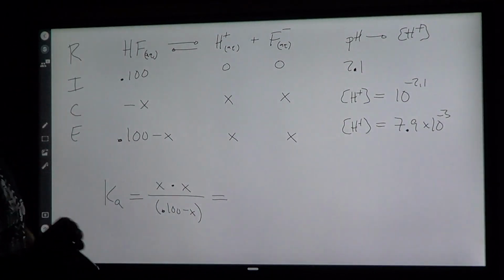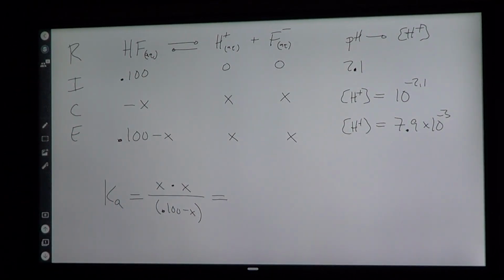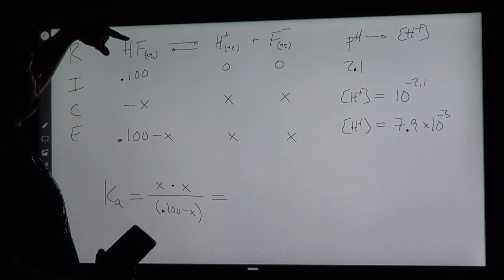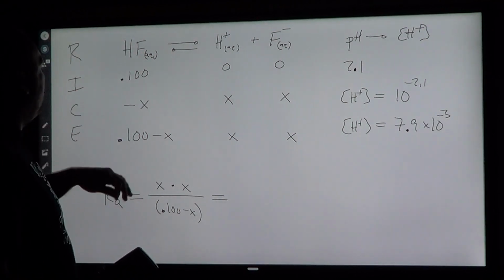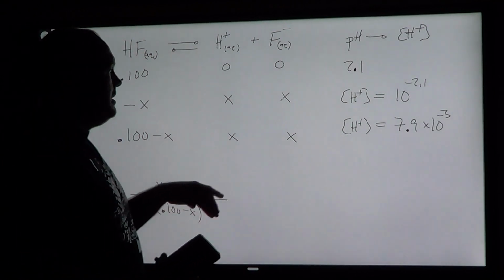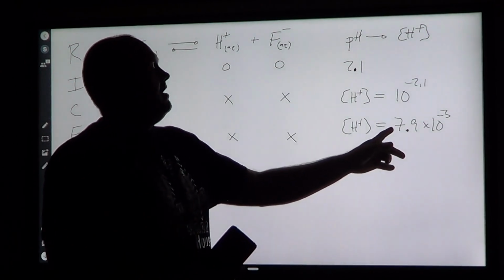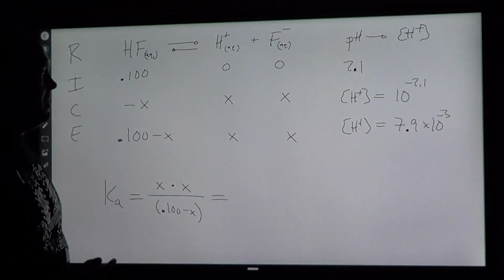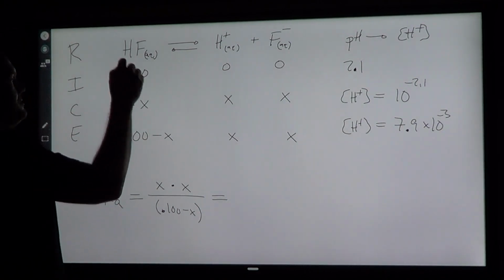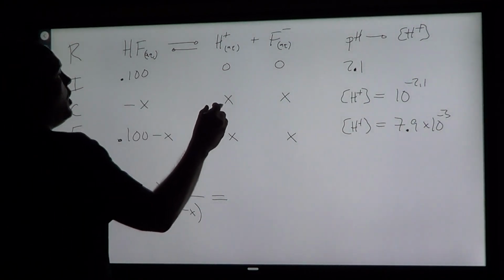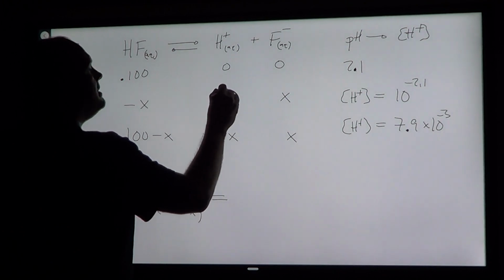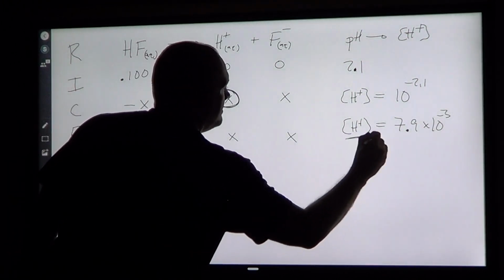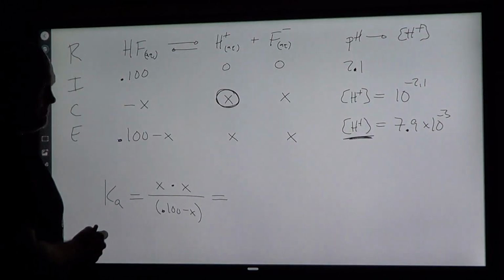And so what that means is, when we mix this solution and we let it sit there and reach equilibrium, it will have a concentration of hydrogen ions of 7.9 times 10 to the minus 3. And because we set up our rice box, we know that X is the H plus.